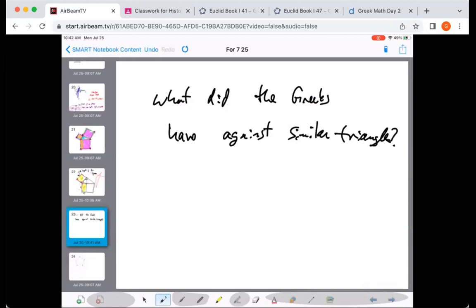There are a lot of proofs that they do. Similar triangles don't come up until book 6. And once they do, they reprove the Pythagorean theorem with similar triangles, and they prove other theorems that were not proved with similar triangles.